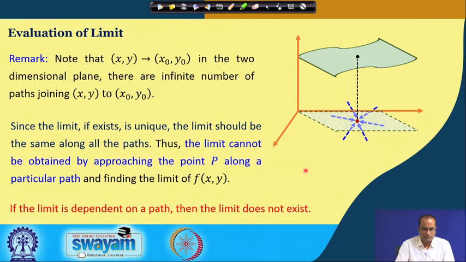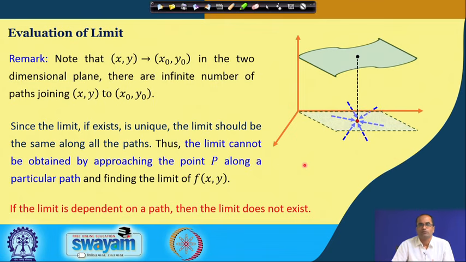So, what we can conclude is that if we find two different paths and along those paths the limit is different, then we can say that the limit does not exist.